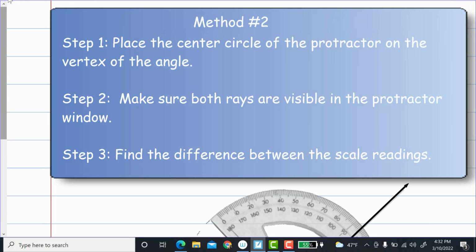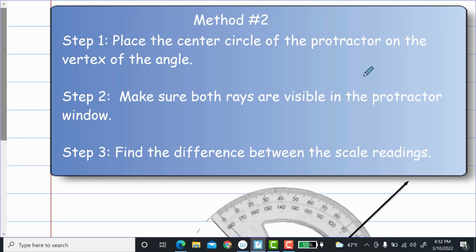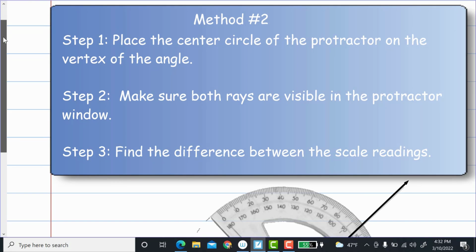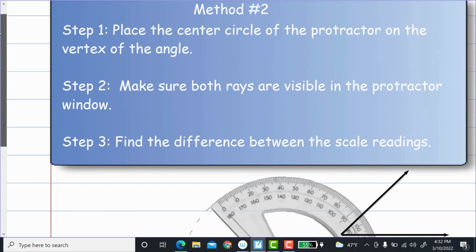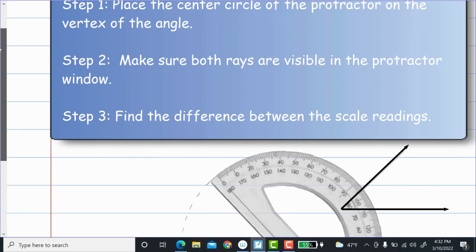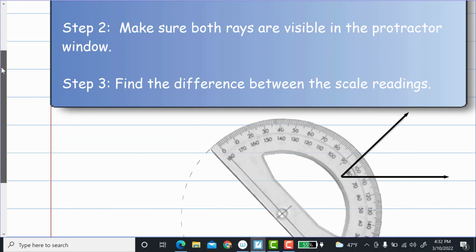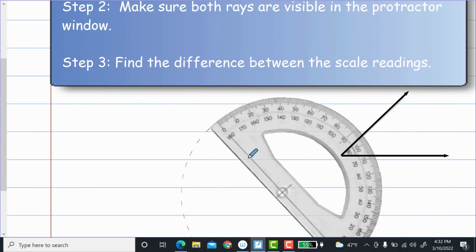The second way to measure using a protractor is if you just place the protractor on the vertex. So the first step is place the center of the protractor, that hollow circle again, on the vertex. This time you're not really worried about lining up with the 0 degrees line. You're just going to make sure both of the rays are visible within the window.